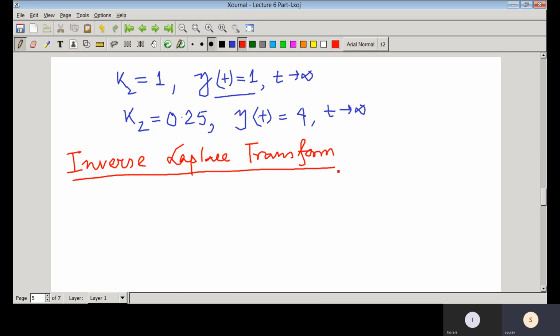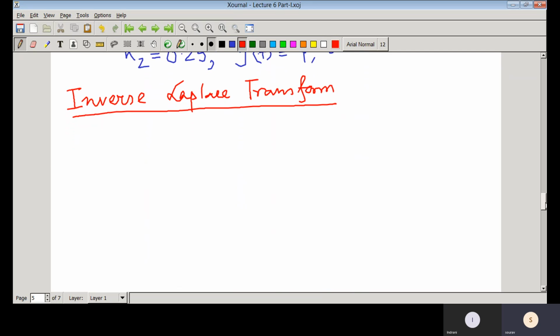In this class we will be solving some problems, and from there you will learn a few new concepts. Probably you have learned those things in your signals and networks course. Let us see how to apply the inverse Laplace transform to find that function.